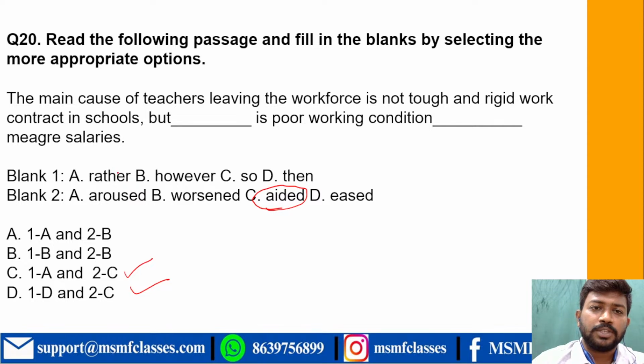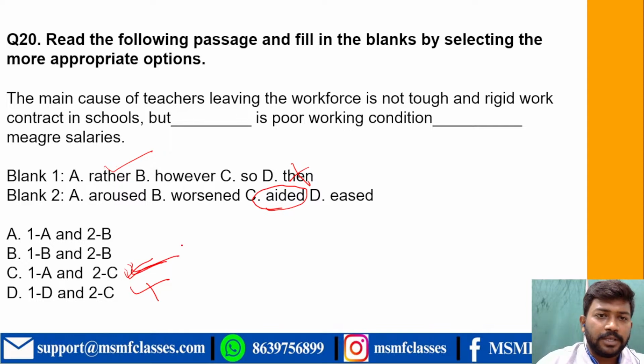Rather, not only this. Yes, this gives a correct meaning. And D, but then, doesn't make any sense here, so eliminate then. You can go with rather. So automatically the combination A and C becomes the answer. So option C is the correct answer. Soumya has opted A, but that is not the correct answer. Go with option C.